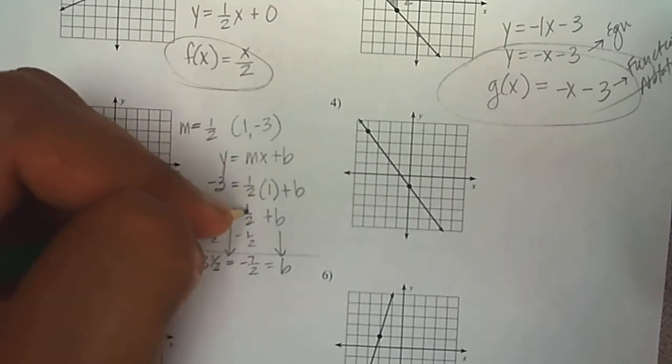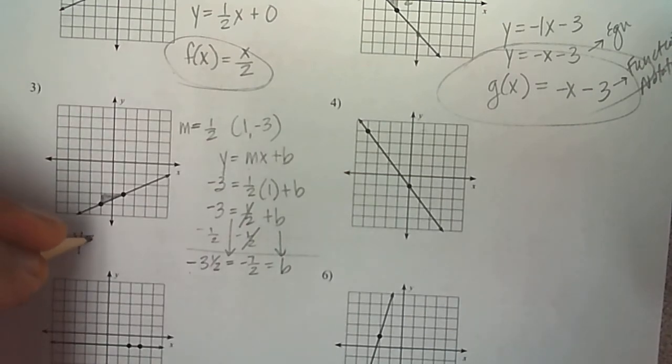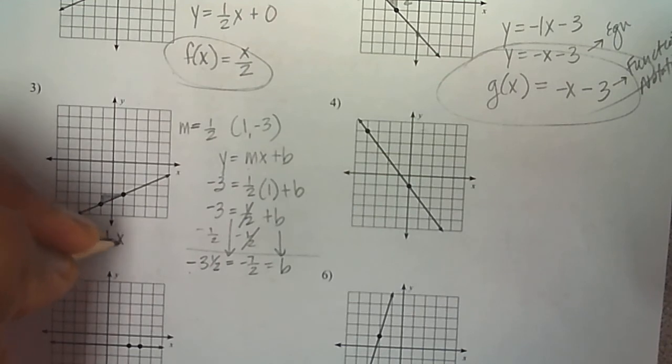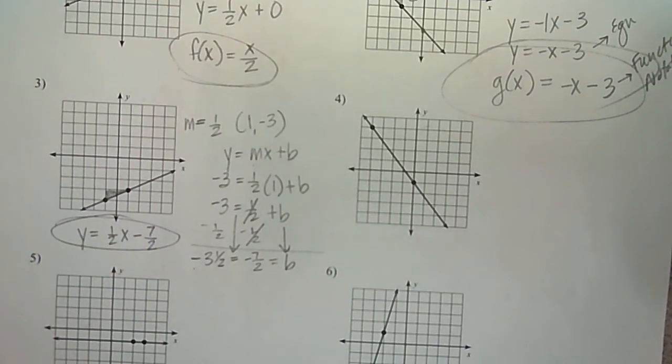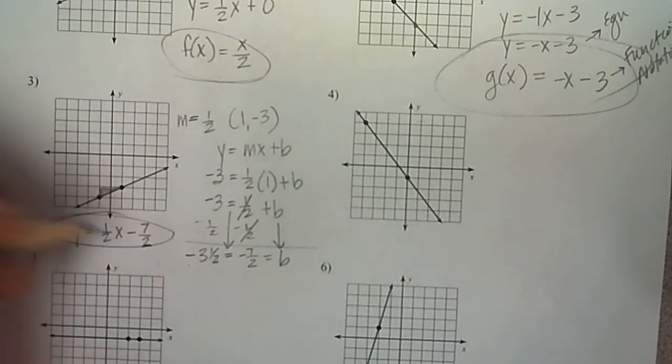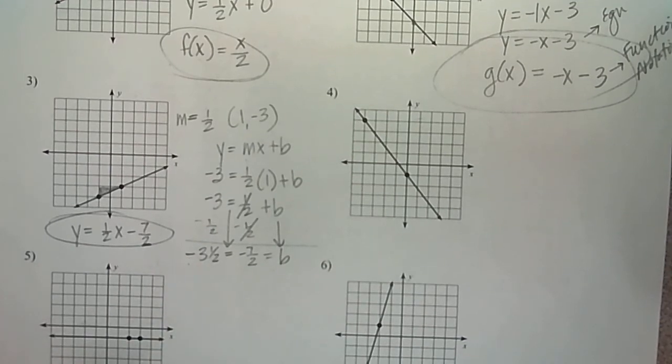I don't want you to be thrown off because these canceled out. So this is y equals, my slope was 1/2 x. My y-intercept is -7/2. I prefer mixed numbers in that situation, because you're less likely to miswrite that as -31 over 2. And it just makes it easier.